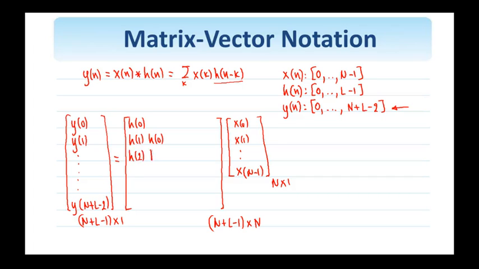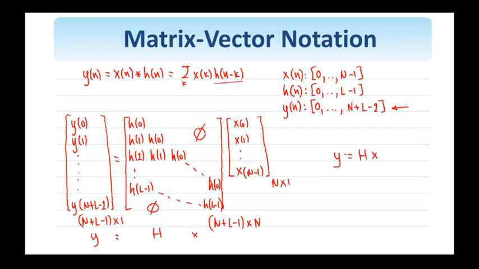Then I'll have here this row of h's, and the rest of the values here not shown, they're all 0. So if I call this a vector y and call this matrix H and then a vector x, I wrote in matrix vector form the result of the convolution.